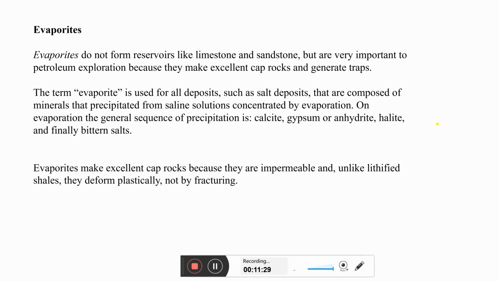On evaporation, the general sequence of precipitation is calcite, gypsum, halite, and finally bitter salt. So, from a petroleum prospectivity view, evaporites make excellent cap rocks because they are impermeable and, unlike lithified shale, they deform plastically, not by fracturing.